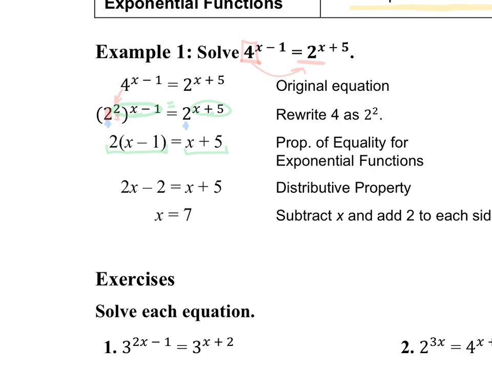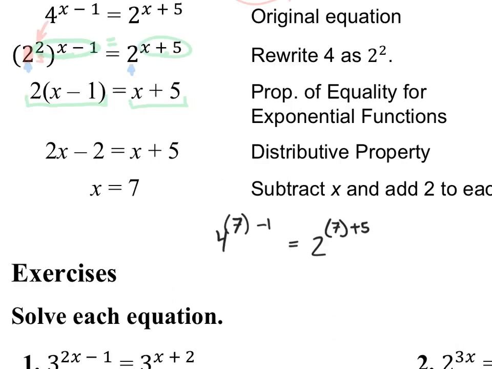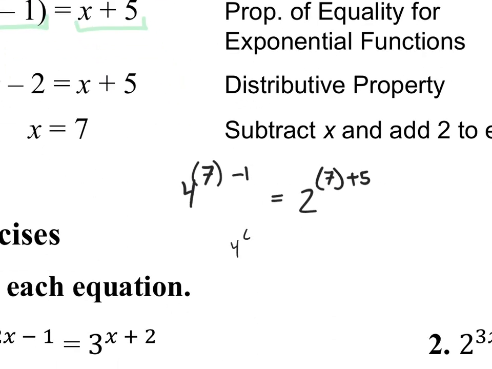As always, you can go back through and double check this. If I go back to the original equation and do 4 to the x minus 1 and set it equal to 2 to the x plus 5, you'll see here that we get 4 to the 6th power, and then here we'll get 2 to the 12th power. If you type this in on a calculator, these two answers would give you the exact same thing. 4 to the 6th and 2 to the 12th are the same thing.